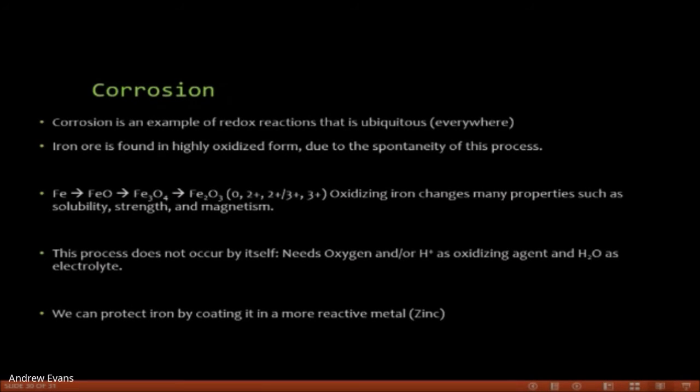Now, the other thing we can talk about for this chapter is corrosion, the idea that corrosion happens everywhere. The most common example is iron ore. Iron will naturally oxidize, and it does in the earth to form iron ore, which is how we dig it out. It's a spontaneous process. Iron(II) oxide goes to magnetite, and then magnetite goes to hematite. Because of this, it changes in various properties such as solubility, strength, and magnetism.